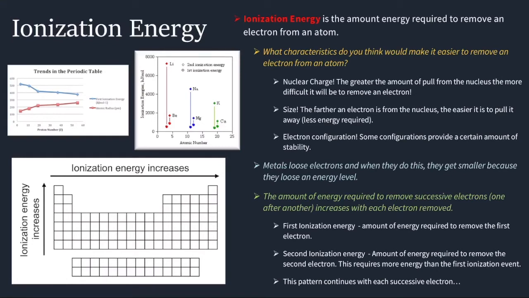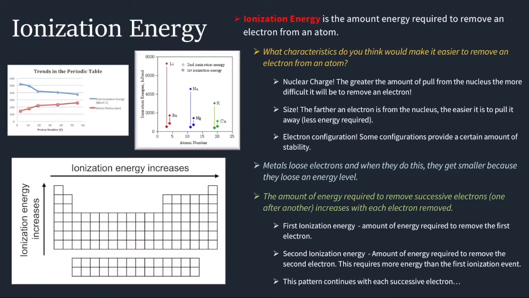We talked about size and nuclear charge already and how they influence how strongly an atom can hold on to its electrons. Nuclear charge is one factor, and the greater the pull from the nucleus, the more difficult it's going to be to remove an electron.